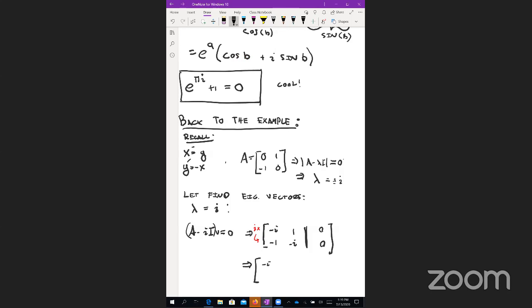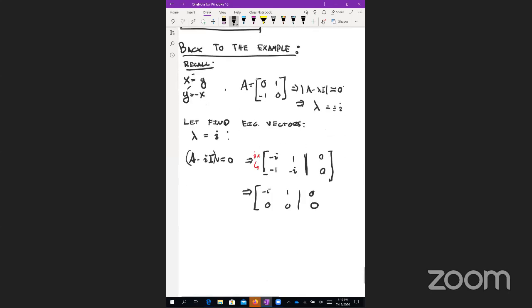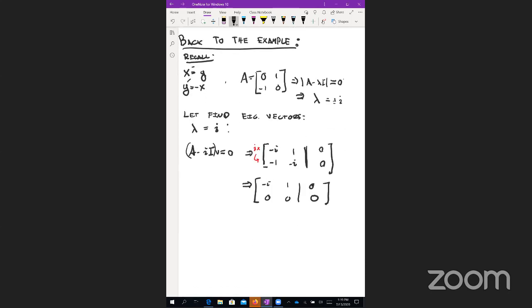Get our minus I, 1, 0, 0, 0, 0. And then let's actually write out the solution. So what does this imply? This implies that minus I times y1, let's see, I'm running out of constants.